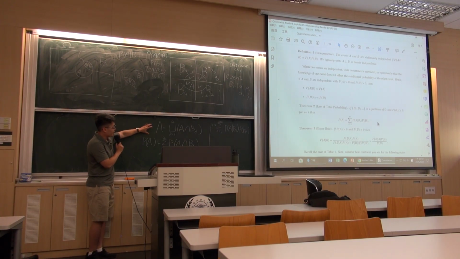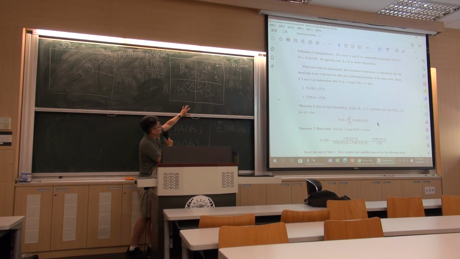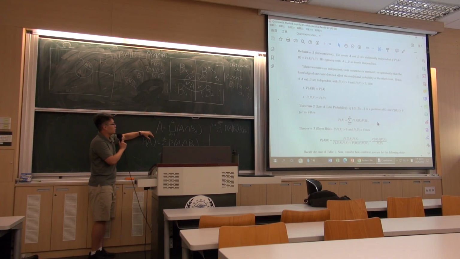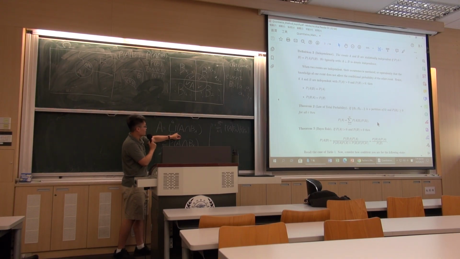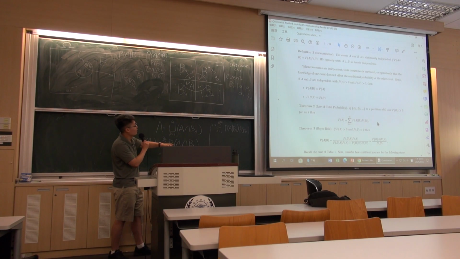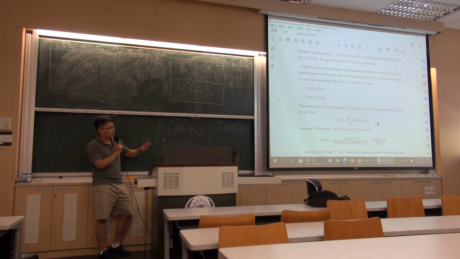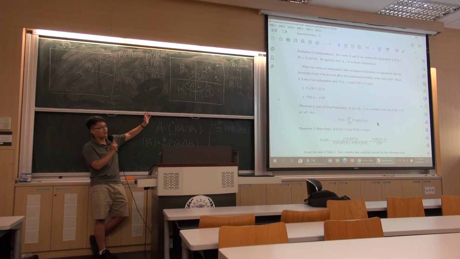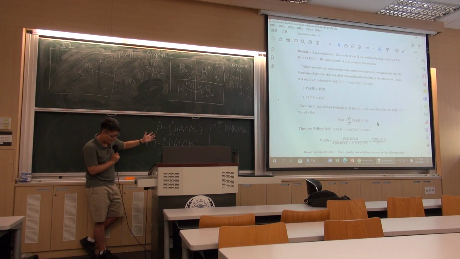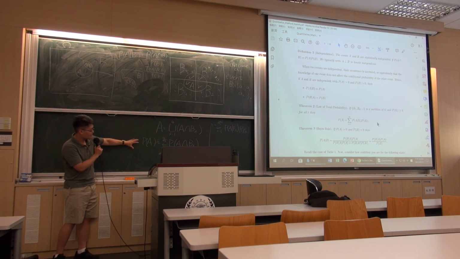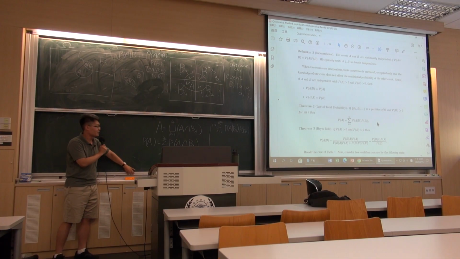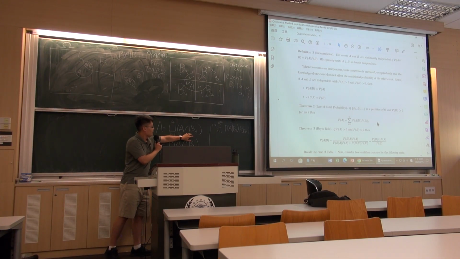Okay, so from theorem 1, and according to this graph, the event A is actually the union of the intersections of event A and each part of the partition from B1 to B4. Since it is a partition, each of them does not intersect with the others. So the probability of event A is the sum of the probability of each part.